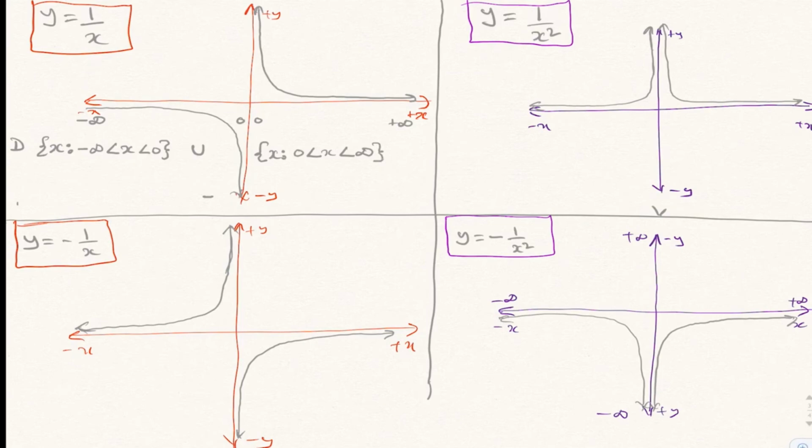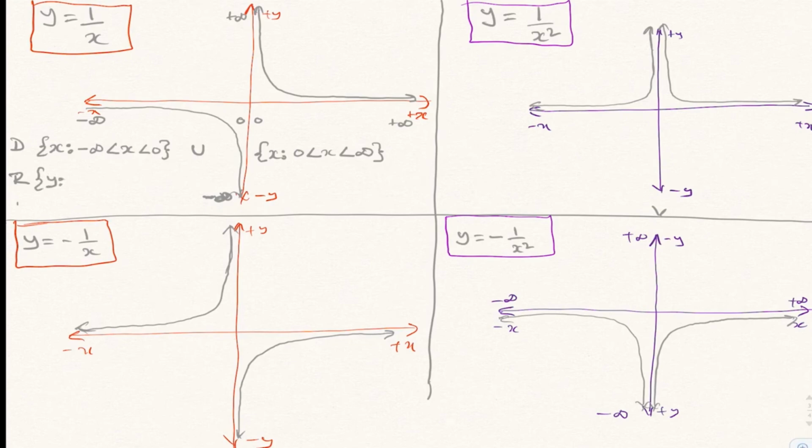Close the curly bracket. The range is very similar except you change x to y, because you're going from negative infinity to 0 and from 0 to positive infinity. So the range would be similar except y.